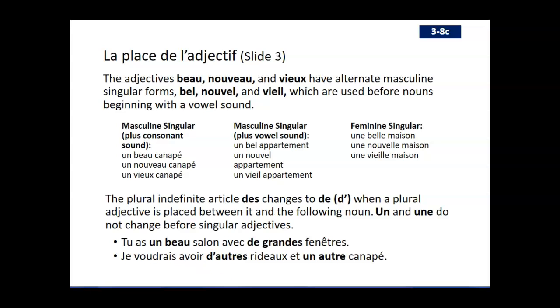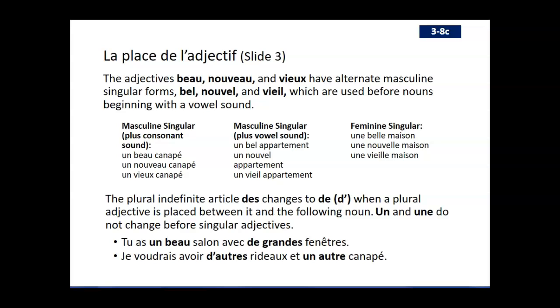And in the second sentence, it's the same. Je voudrais avoir d'autres rideaux et un autre canapé. Okay, so if I were to take out autres, I could say je voudrais avoir des rideaux. I would like to have some curtains. But as soon as I stick an adjective in there, then I'm going to change des to de. And since I'm changing des to de and it comes before an adjective that starts with a vowel, then I'm going to make a contraction out of it.